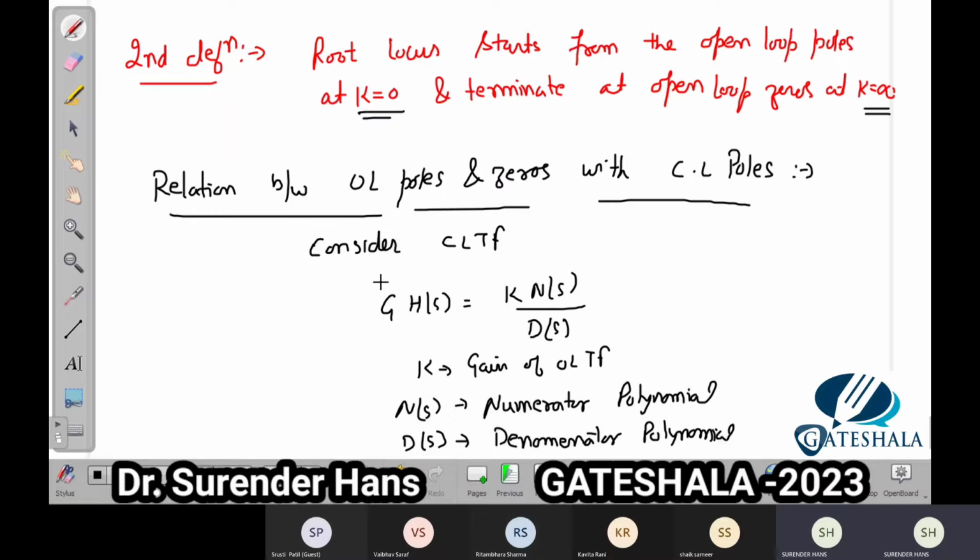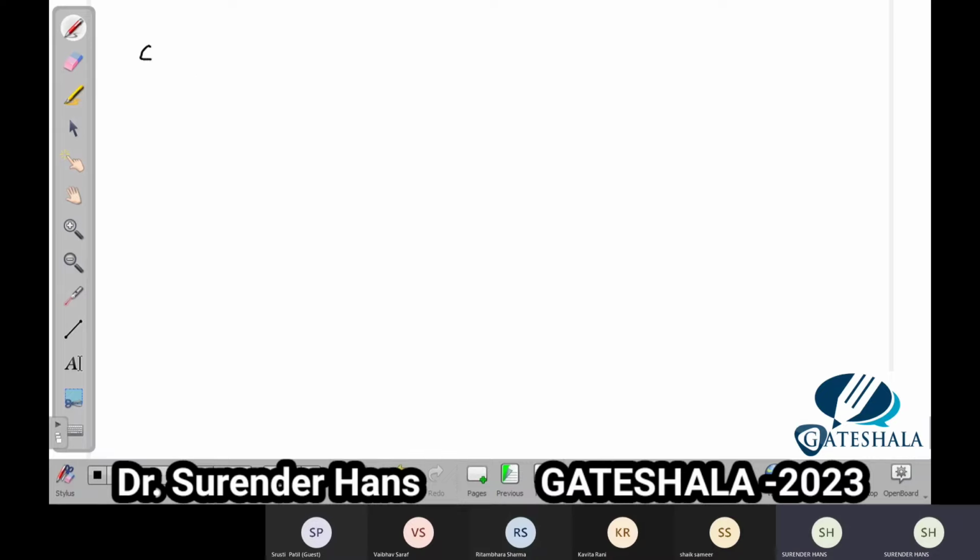Clear? So now this G(s)H(s) is the open loop one. G(s)H(s) is equal to K N(s) divided by D(s), where K is the gain, N(s) is the numerator, D(s) is the denominator. It's very simple. Now, first point is case number 1.